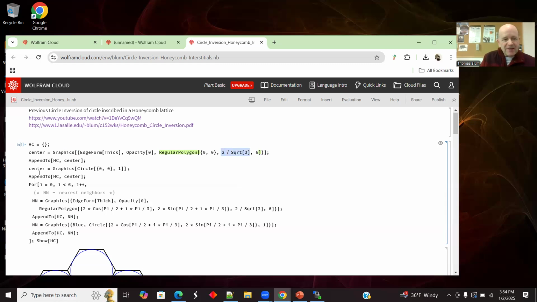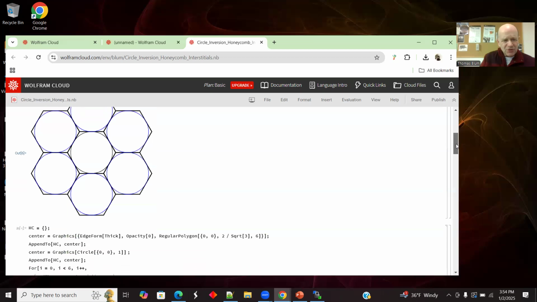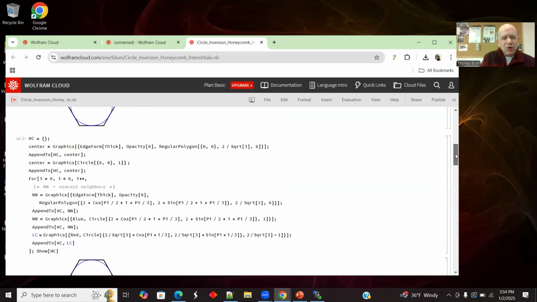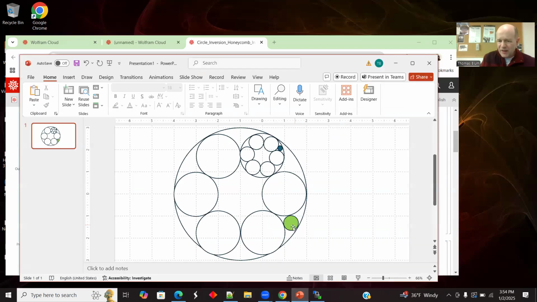Then I added that, and then I added the circle, and this is me looping around, getting the other hexagons and the other circles. Okay. So that's the game I played before, and I inverted those circles. But now I'm going to add to that what I'm interested in. Again, as you recall, I'm interested in this circle.